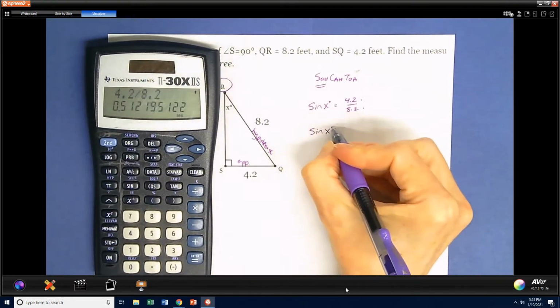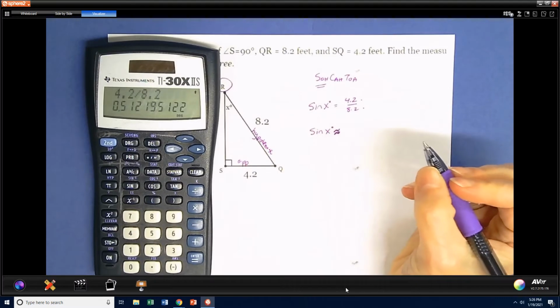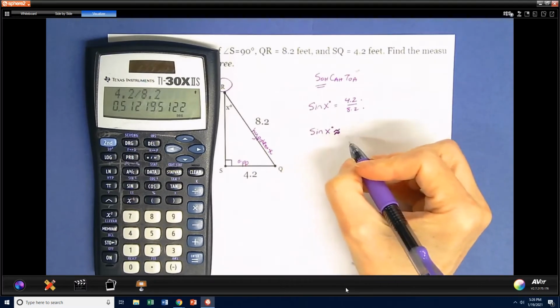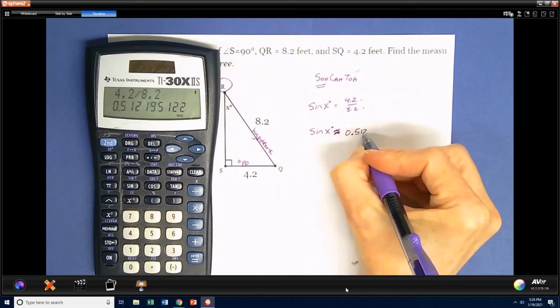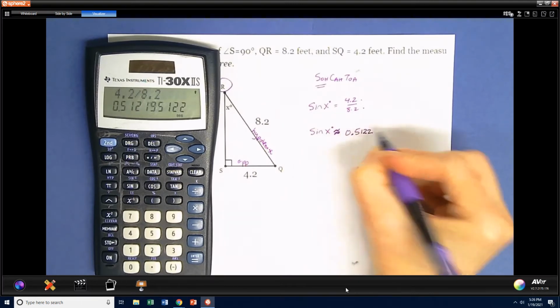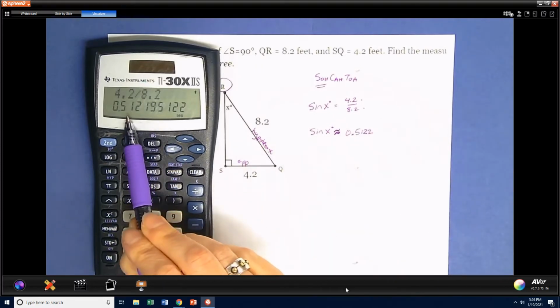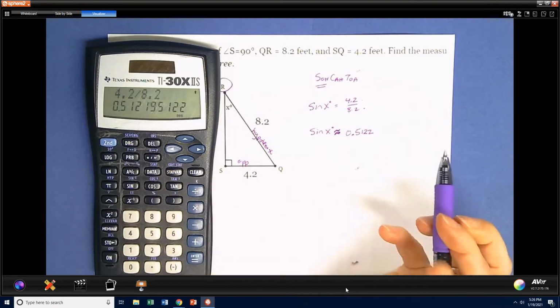Sine of angle X is approximately equal to 0.5122, since 0.51219 rounds up.